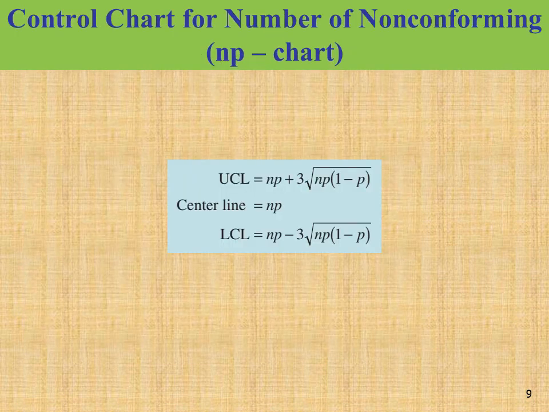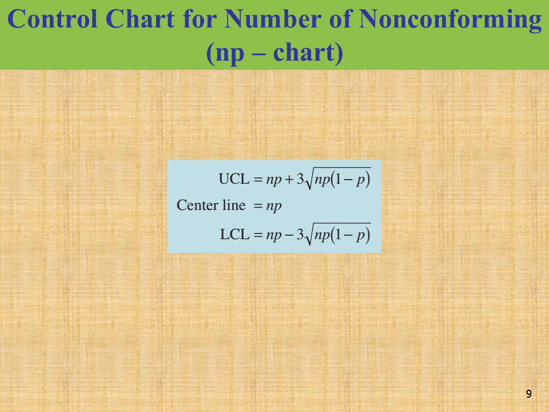Now, instead of using the fraction non-conforming value, that is the p cap value, we can also find the total number of non-conforming for each sample. And if we prepare a control chart for such a situation, we call it an np chart.